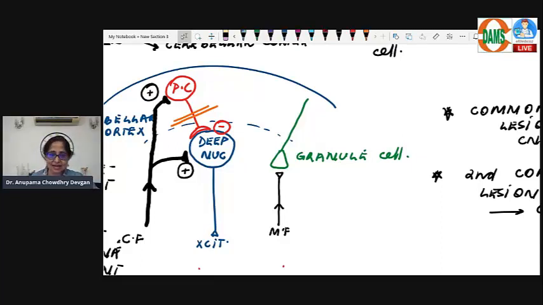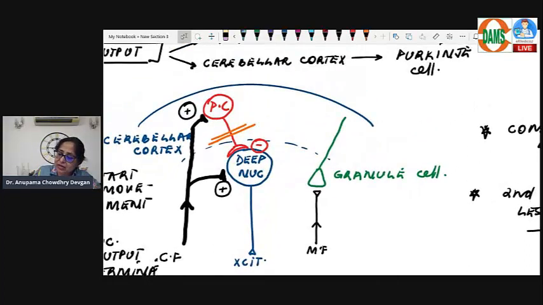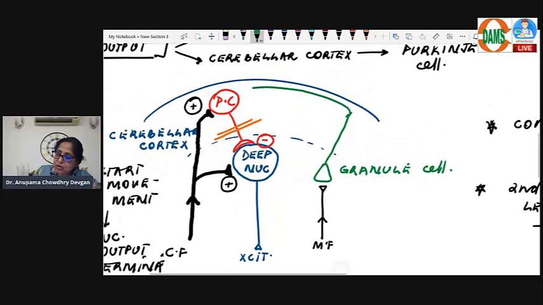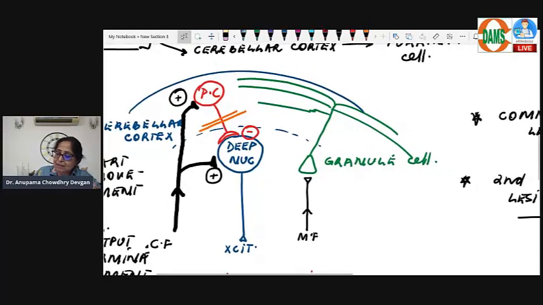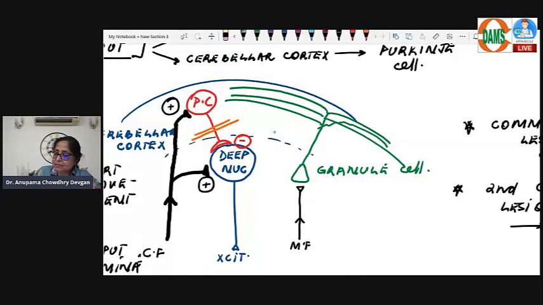Granule cell gives rise to fibers which travel in the cerebellar cortex, synapsing with multiple Purkinje cells. And these fibers which run in the cerebellar cortex in both directions are called the parallel fibers.